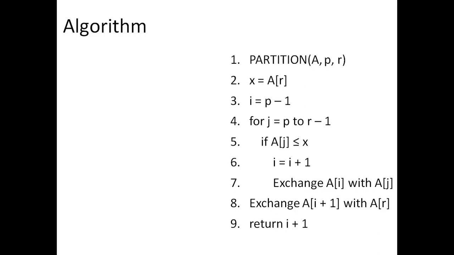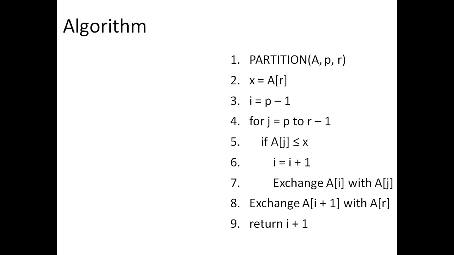The partition procedure uses several variables, and they are P, R, I and J. P and R represent the lower and upper indices of the array which are to be considered for sorting. P will represent the lower index and R will represent the higher index.